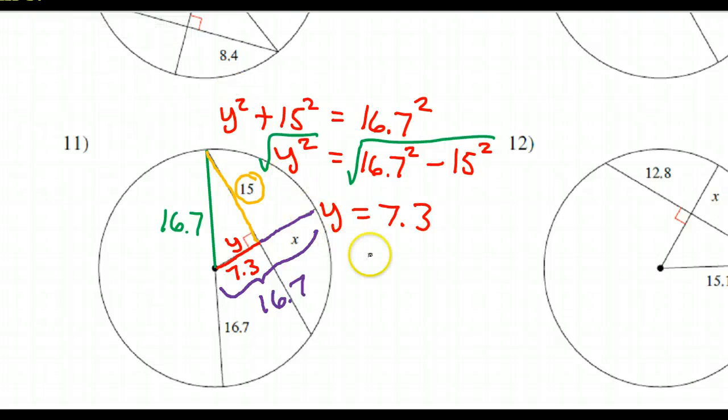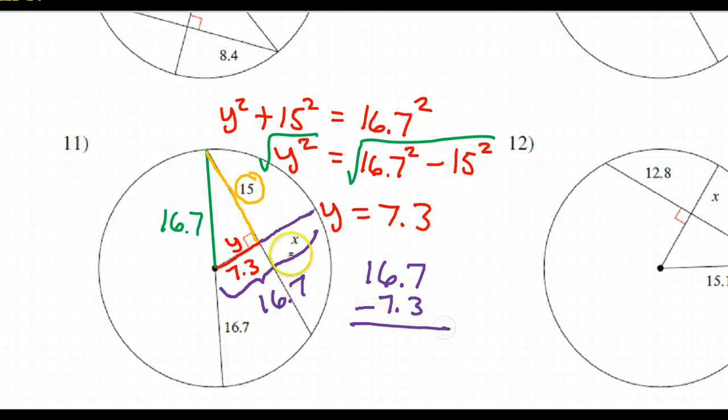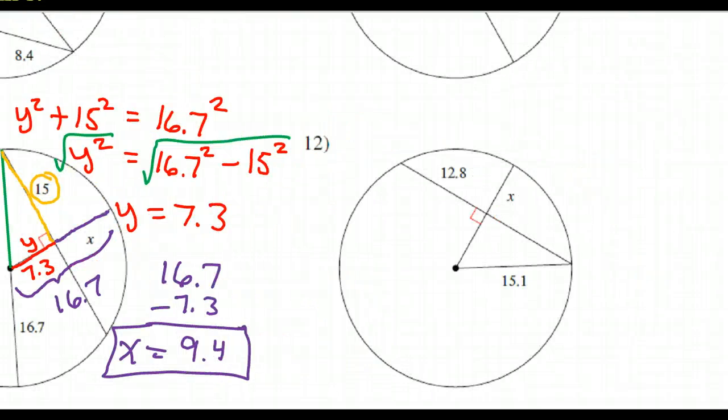But let's go ahead and follow through and do it. So we will do 16.7 minus that 7.3, and that should give us our x. 9.4. Okay, that's number 11.